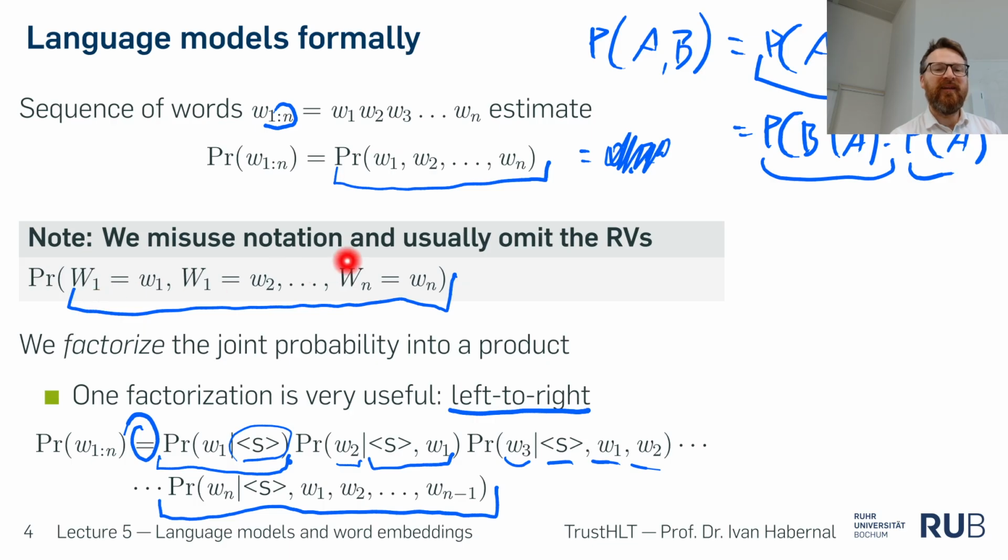So we have very many random variables, a list of n of them, and here we have n minus 1. Estimating this probability will be harder.